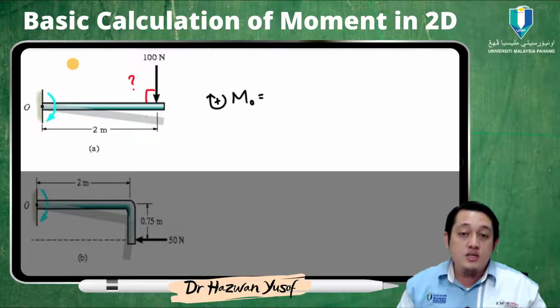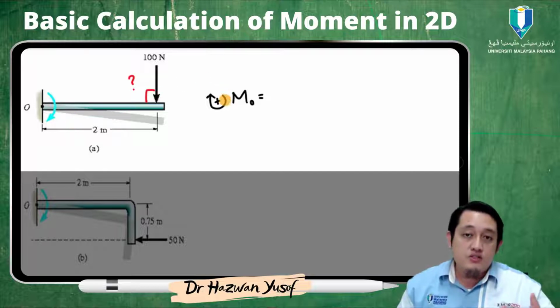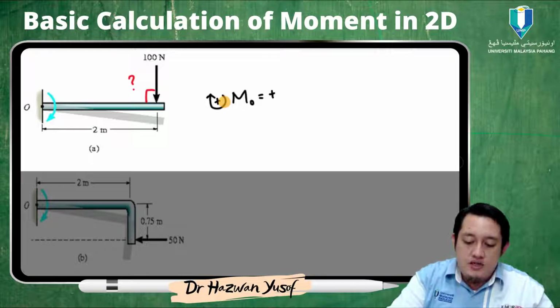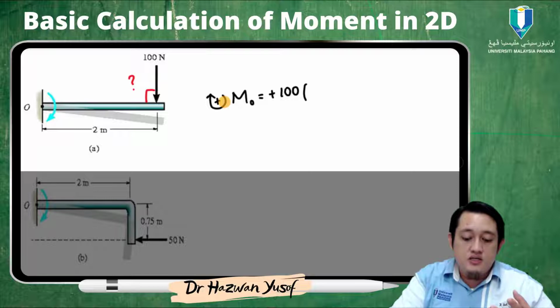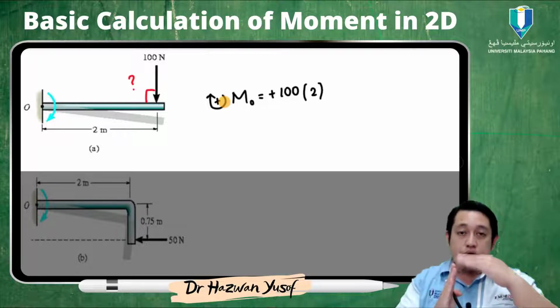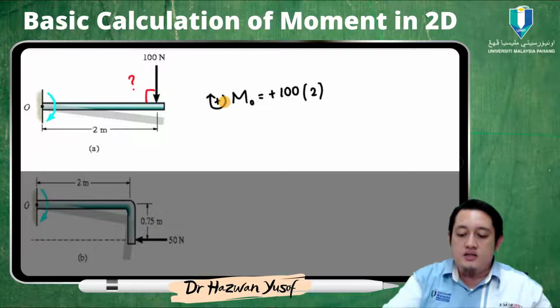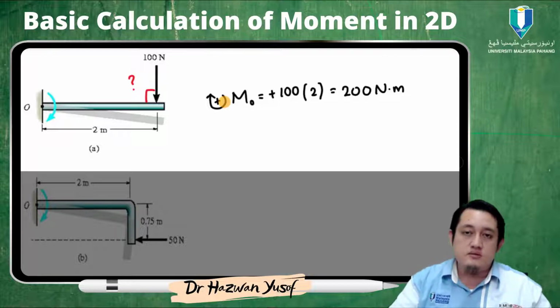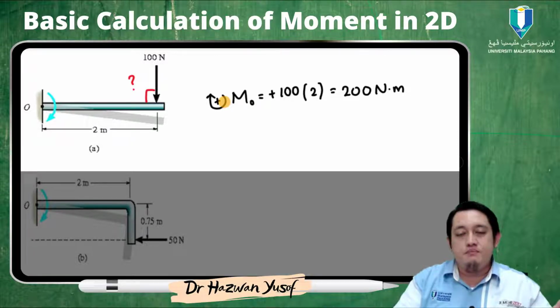So it will create a clockwise rotation. Therefore, because we assume clockwise rotation to be positive, we will have positive 100 Newton times the distance, which is 2 meter, the distance that is perpendicular to the force. Therefore, this is equal to 200 Newton meter. That's it, as simple as that.